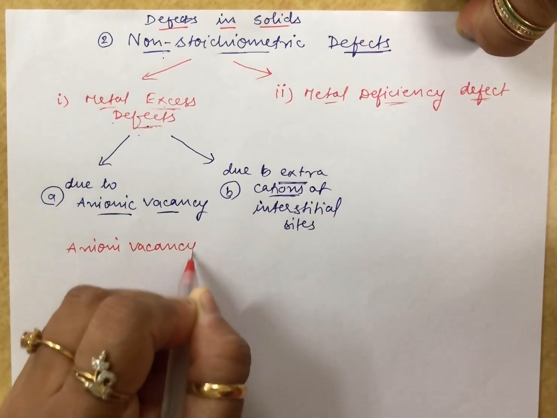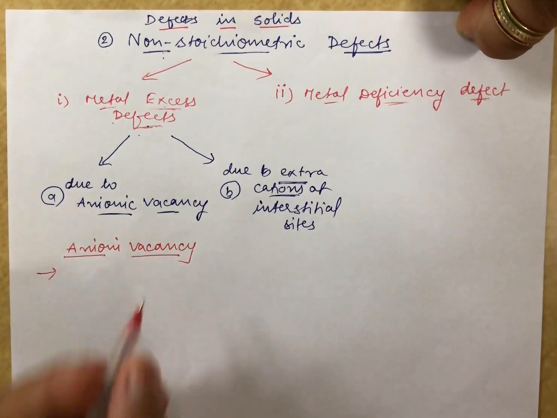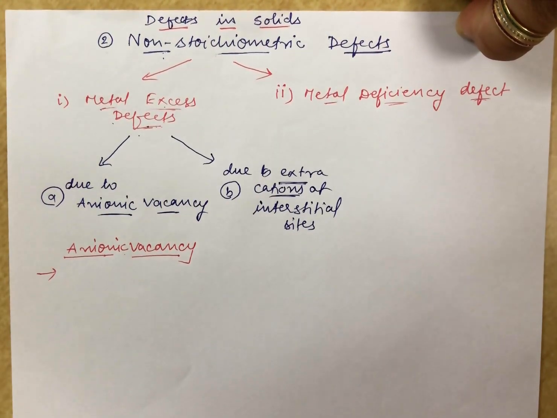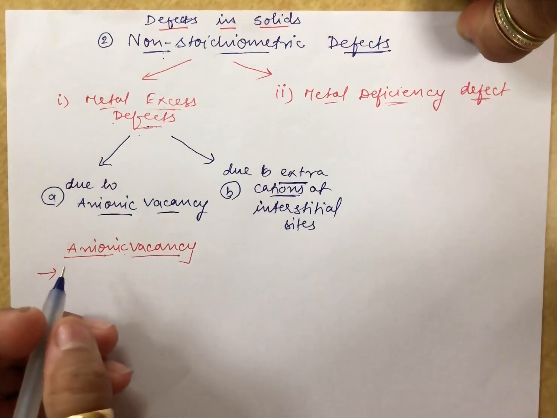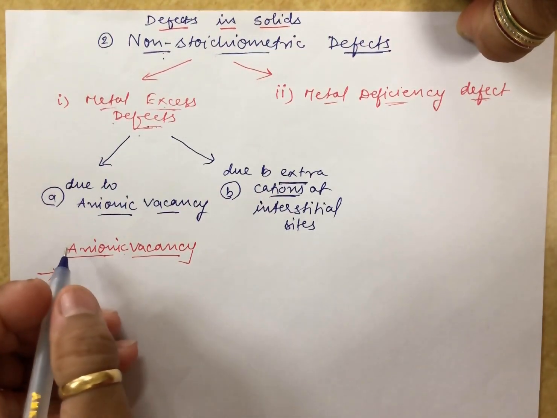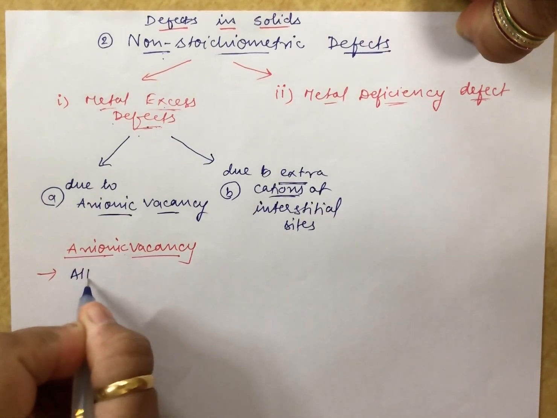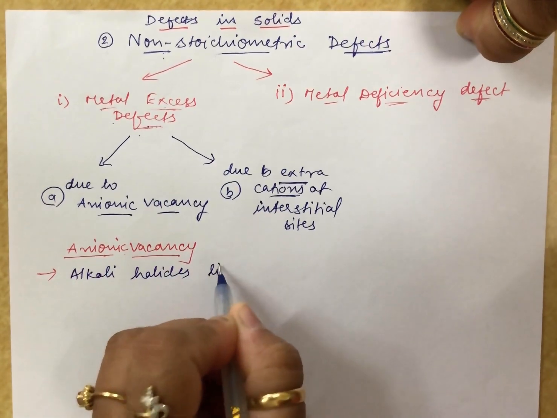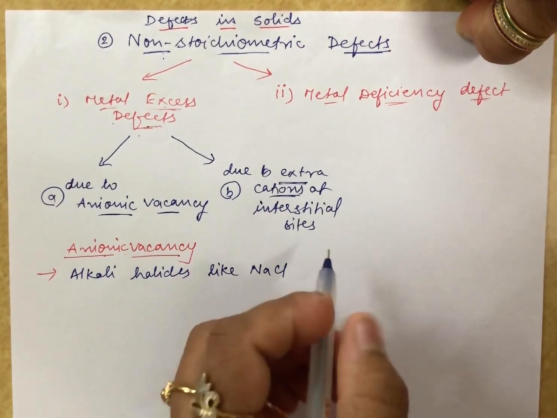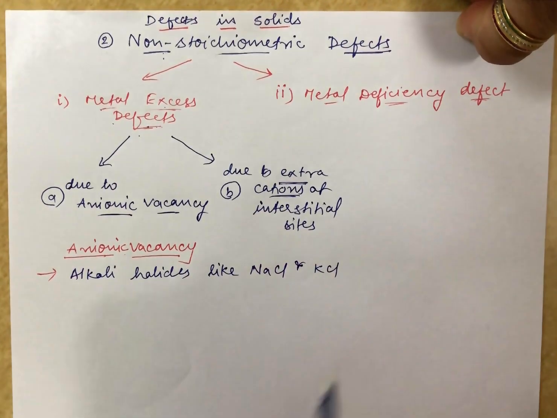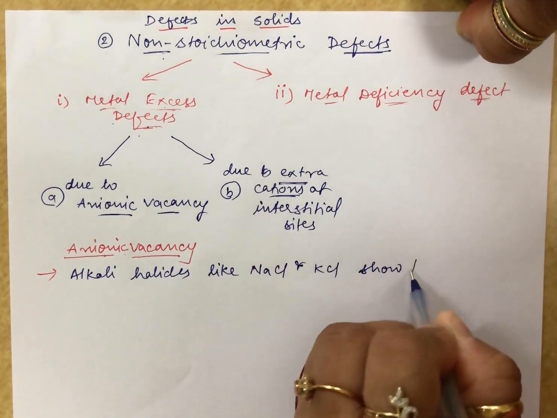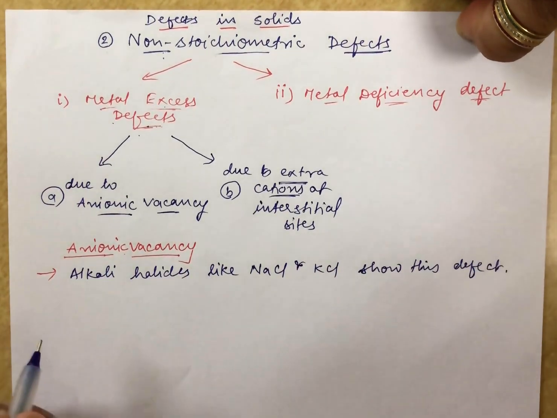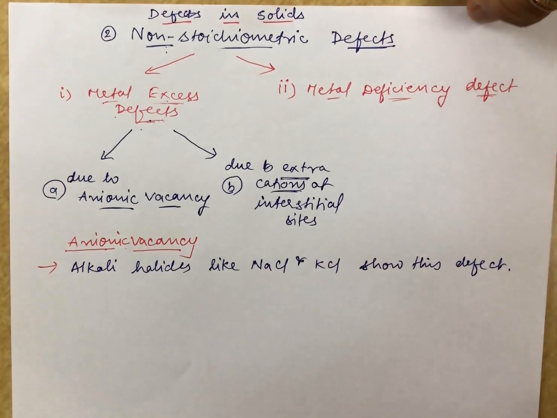The very first point you need to understand is that this vacancy will be because of the anions, and it is said that alkali halides, let me write this for you, alkali halides like NaCl and KCl show this defect. As I said, this will be because of anion vacancy.